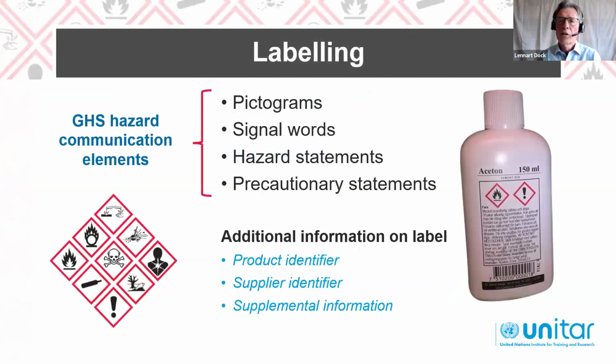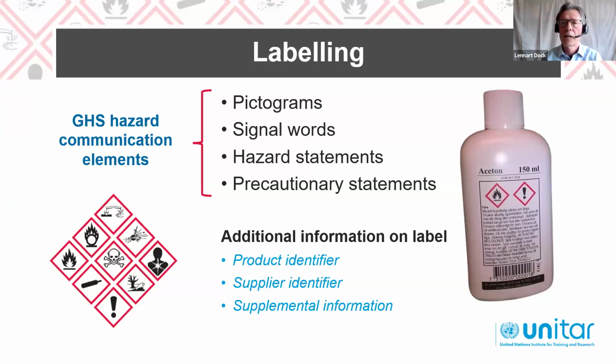So for communication, I mentioned that we have labeling, and the labels are made up of various elements. We have pictograms, as you can see in the lower left-hand corner here. There are 9 different pictograms, and they should represent the type of hazard associated with this chemical, both the type and severity, because you can change the pictogram within a hazard class when you go down in seriousness.